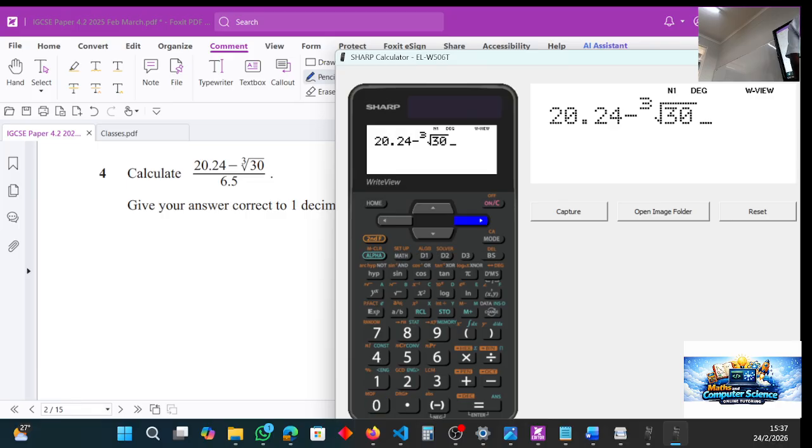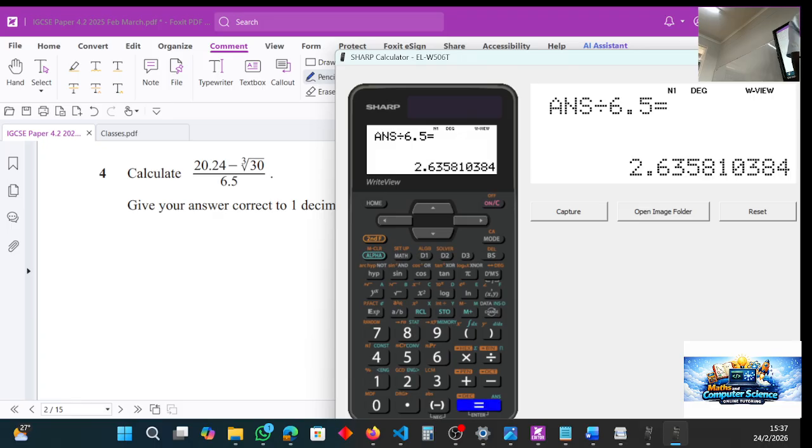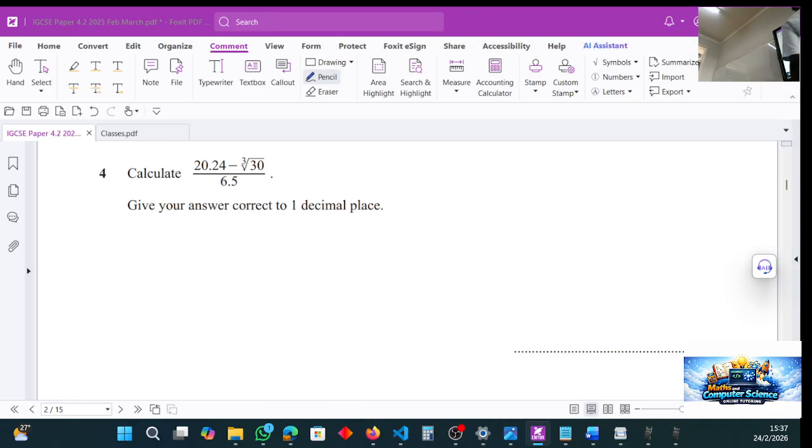We may choose to simplify just the numerator alone, which will give us what we have there. Then we divide the result by 6.5, leading us to 2.6358. But we are saying correct to 1 decimal place, so 1 decimal place will give us 2.6. So all this will simplify to 2.6.